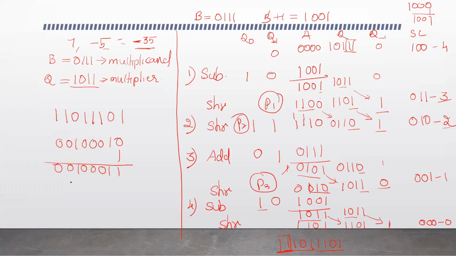So here it is 2 power 0, 2 power 1, 2 power 2, 3, 4, and 2 power 5. What is 2 power 5? It is 32 plus 2 plus 1. It is 35. We know that our result is negative. We have the sign bit as 1, so the result is minus 35.